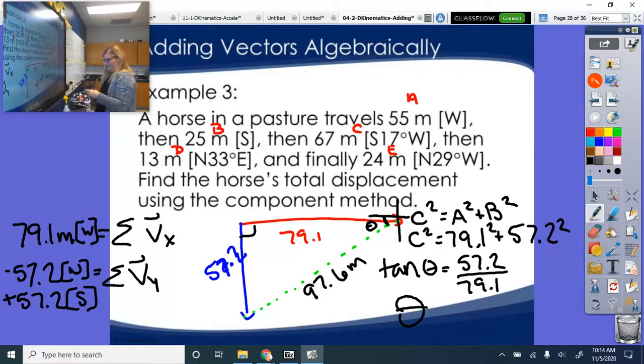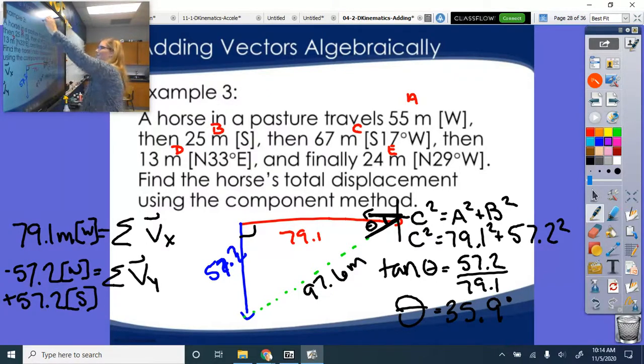So theta is going to be 57.2 divided by 79.1, inverse tangent of that. I'm going to get 35.9 degrees. And what angle is that actually heading? Well, it's inside of this right here. So I'm going to be going west. I ran out of space and almost colors.